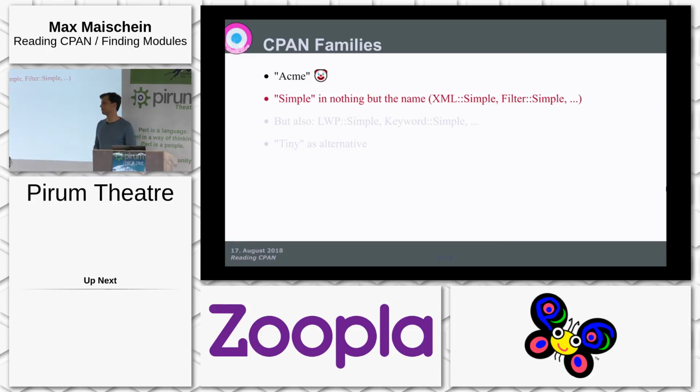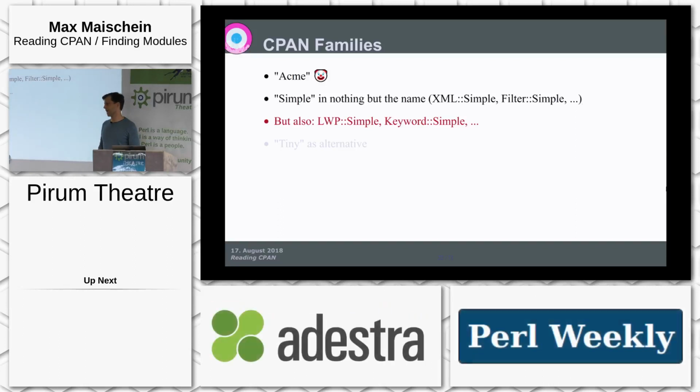And Filter::Simple also falls in this category, but this rant would be quite unkind to other modules like LWP::Simple, which makes the simple part of HTTP actually simple, and you can migrate from the simple part to the more complex part in a not too painful way.